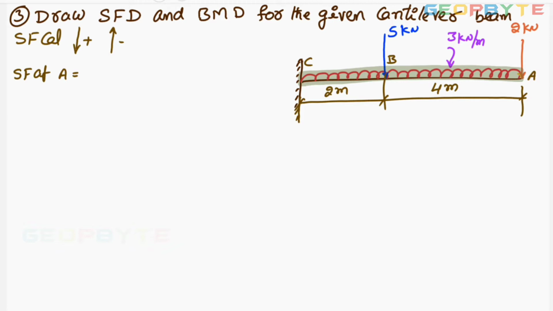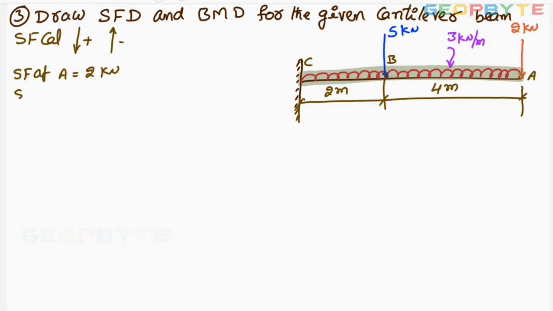At point A, a 2 kilonewton point load is acting vertically downwards. Vertically downward force is taken as positive. Therefore, shear force at A is plus 2 kilonewtons because it is a downward force.